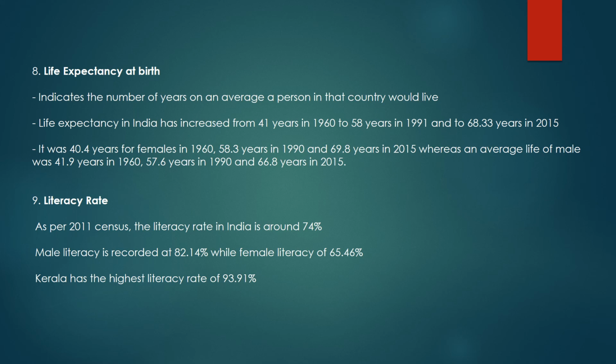The proportion is still unequal among males and females, with male literacy being 82% while female literacy is just 65%. Kerala recorded the highest literacy of 93%, while Bihar, with 64% literacy, is the least literate state of India.